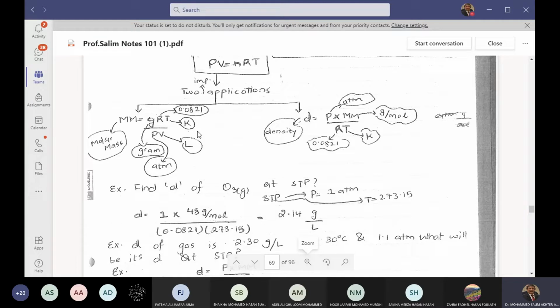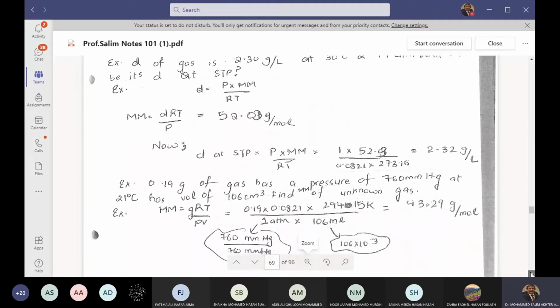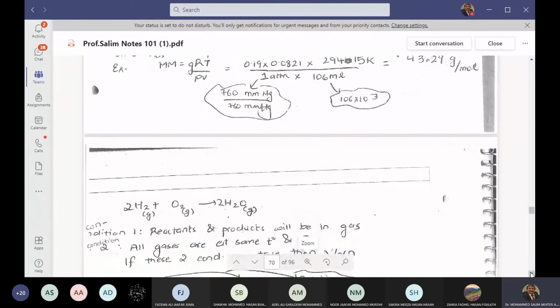The second application of PV is equal to nRT is density. Density is equal to P multiplied by MM over RT. These two equations are very, very important. I solved three questions related to density and molar mass of a gas.